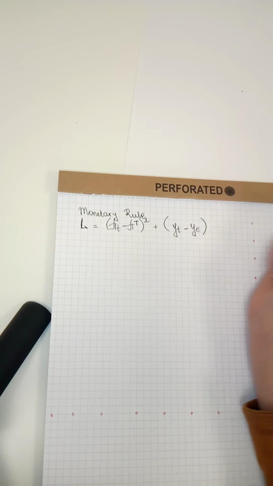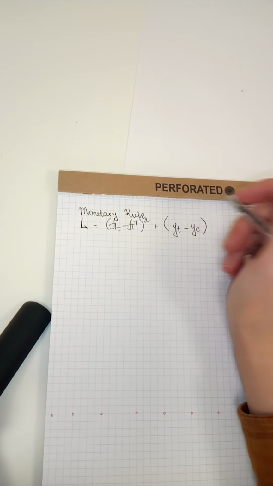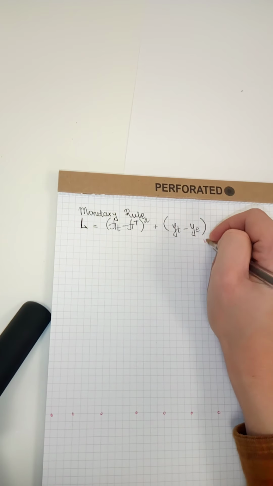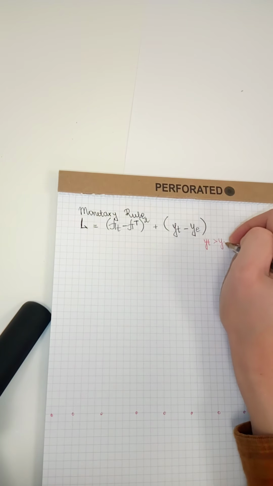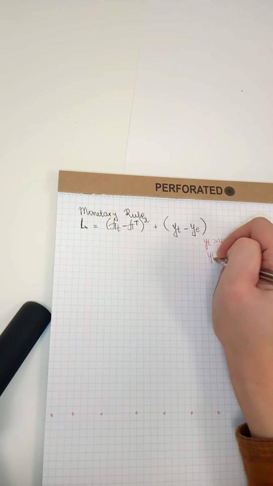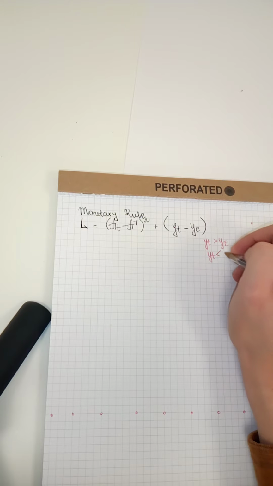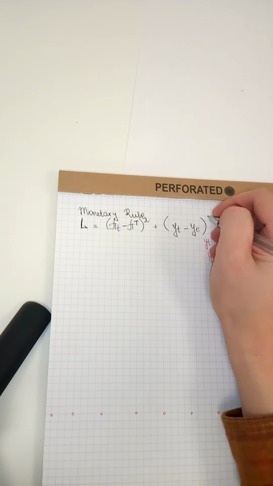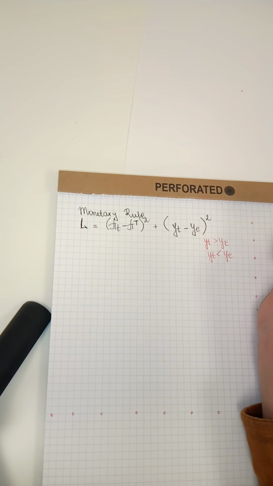So analogously, it does not really matter whether the economy is in an inflationary gap when the level of output exceeds potential output, or whether the economy is in a deflationary gap when the level of output is below potential output. We are just interested in the magnitude, like the absolute value of deviation. That's why, again, we put everything to square.